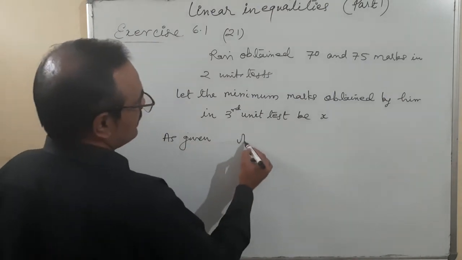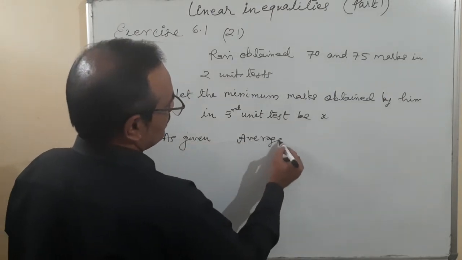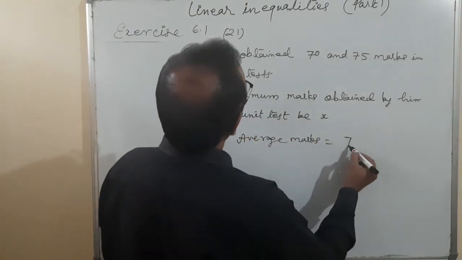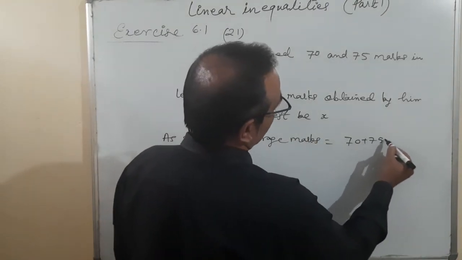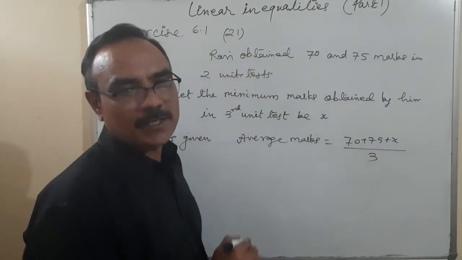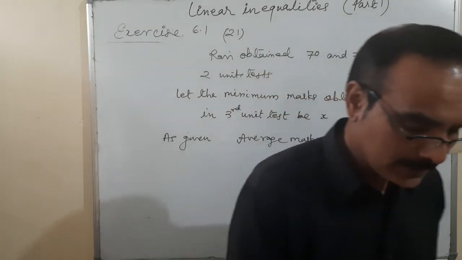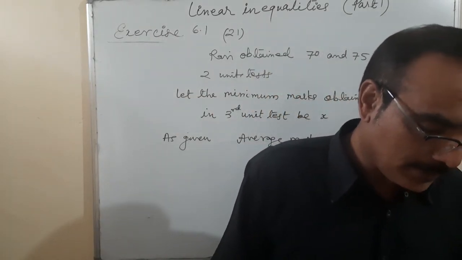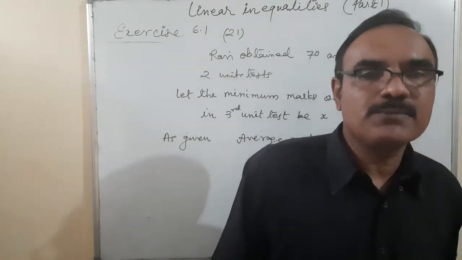Average marks. How to find the average marks? 70 plus 75 plus X upon 3. These are the average marks of the 3 unit tests. And the last line says to have an average of at least 60 marks.